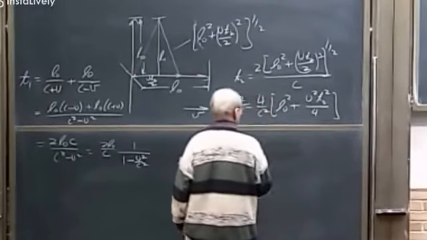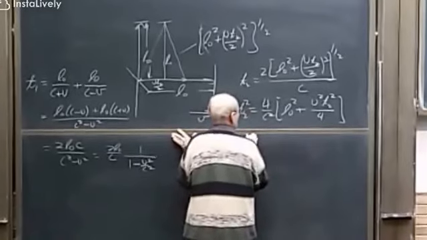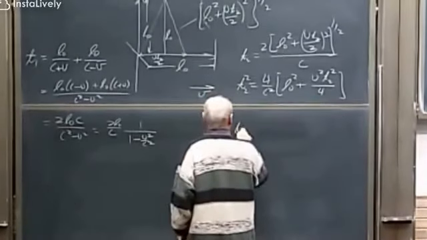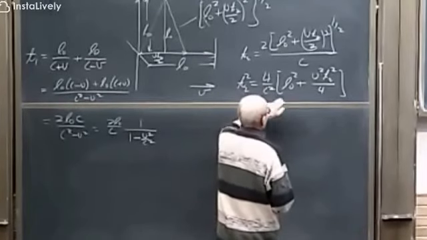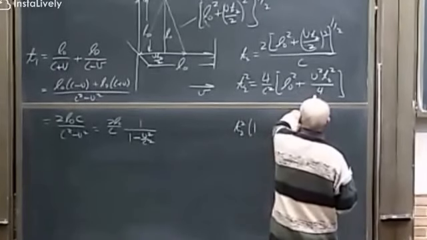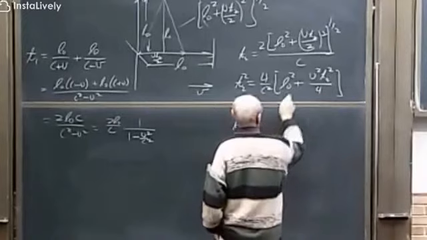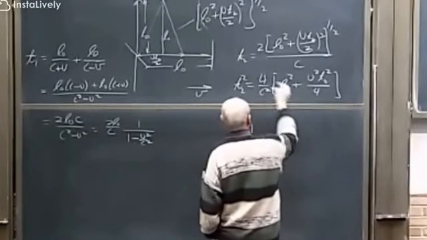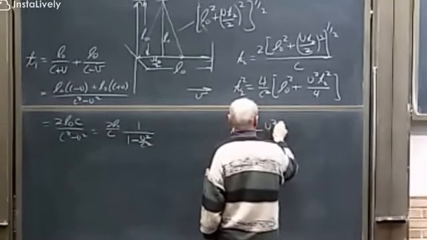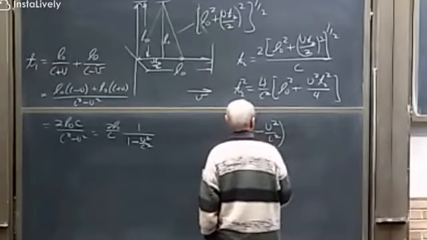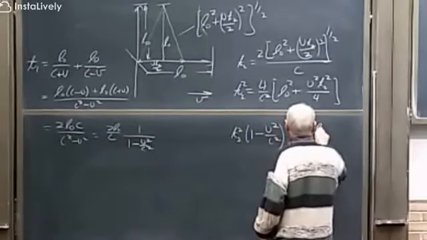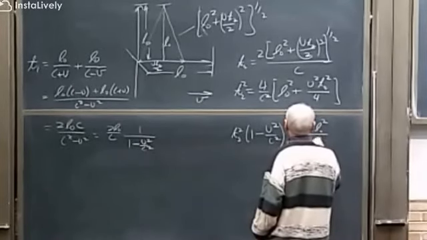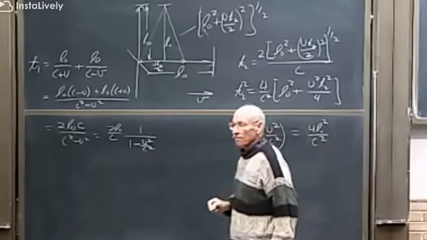Okay, so this gives you T2 squared times 1. Now, the 4's cancel out, and you get plus B squared over C squared, bring it to this side, and you get minus B squared over C squared. What's left on this side is 4 L0 squared over C squared.